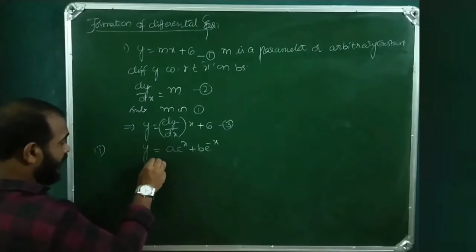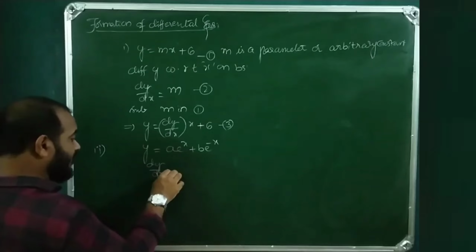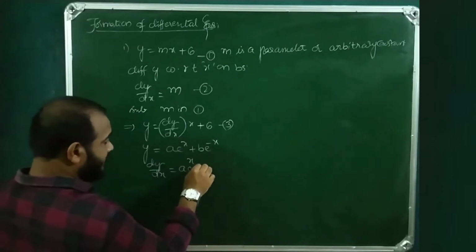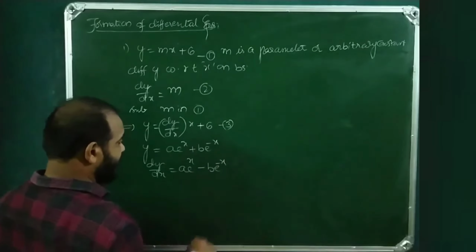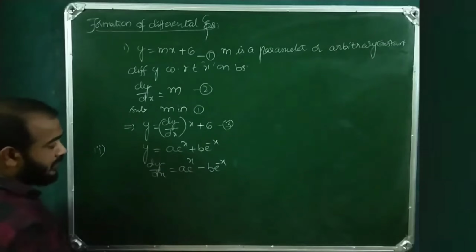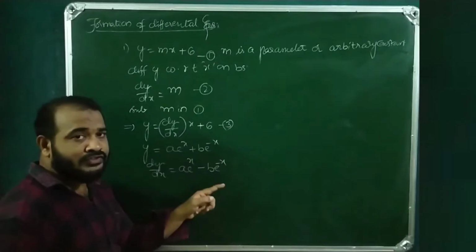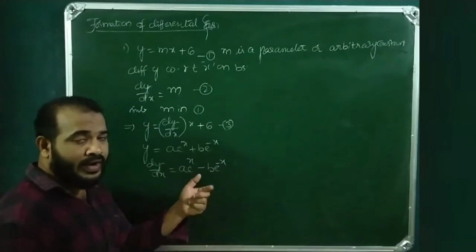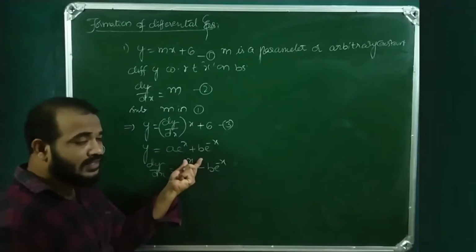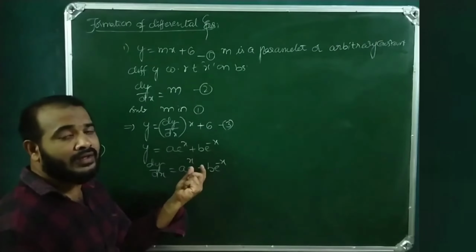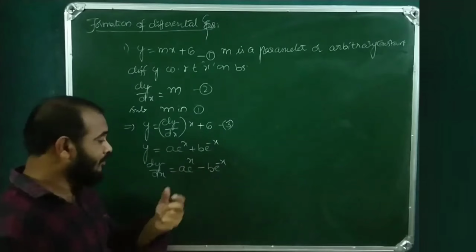Therefore, dy by dx is equals to a e power x minus b e power minus x. Again differentiating, because there are 2 parameters for which we need to differentiate it twice so that both the parameters a and b are eliminated.